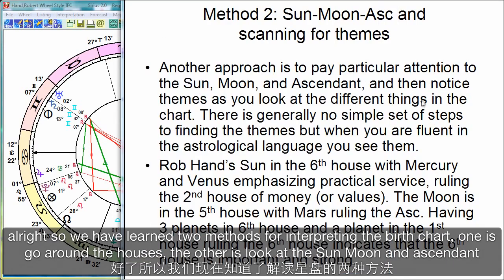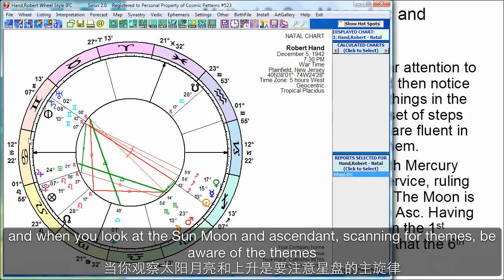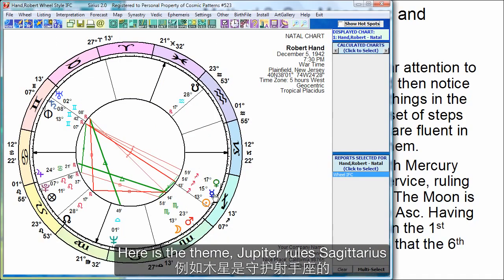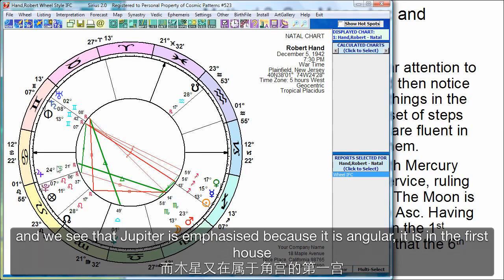All right, so we've learned two methods for interpreting the birth chart. One is go around the houses, and the other is look at the Sun, Moon, and ascendant. And when you look at the Sun, Moon, and ascendant, scan for themes. Be aware of themes. Here's a theme. Jupiter rules Sagittarius, and we see that Jupiter is emphasized because it's angular.